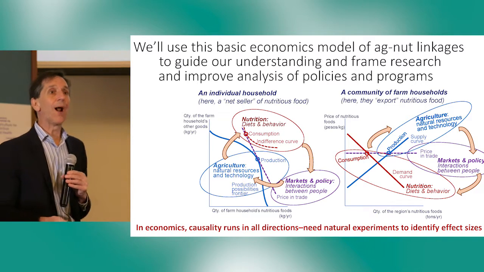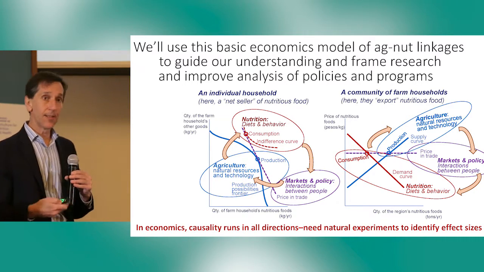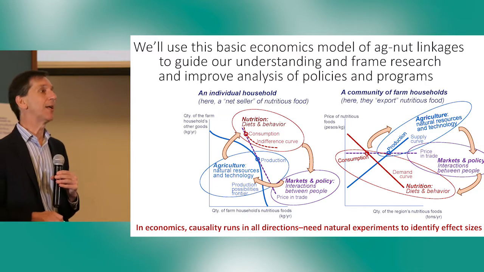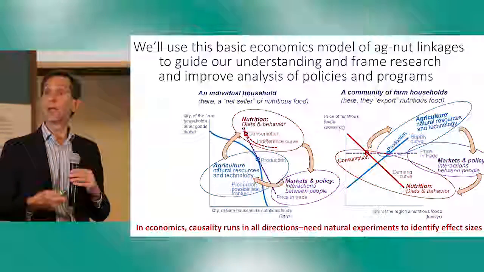So there are some very surprising predictions that this framework leads to that we can do hypothesis tests on and ask, is this model valid? Does this model accurately predict observed outcomes? So I'll just give you some examples of that.